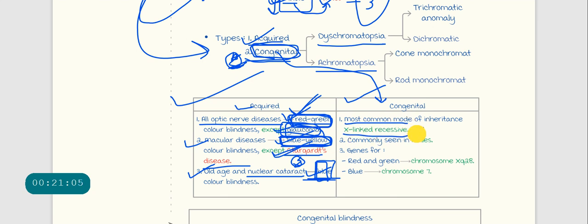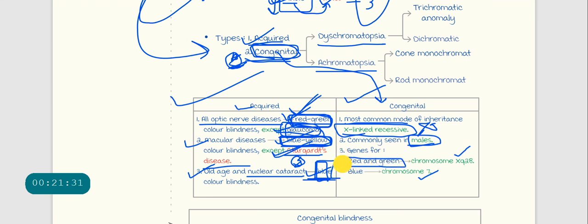It is commonly seen in males, and the genes affected are on chromosome Xp28 and chromosome number 7. Due to these deficiencies, you can see a blindness of red and green color, and due to this mutation, you can see a blue color deficiency.